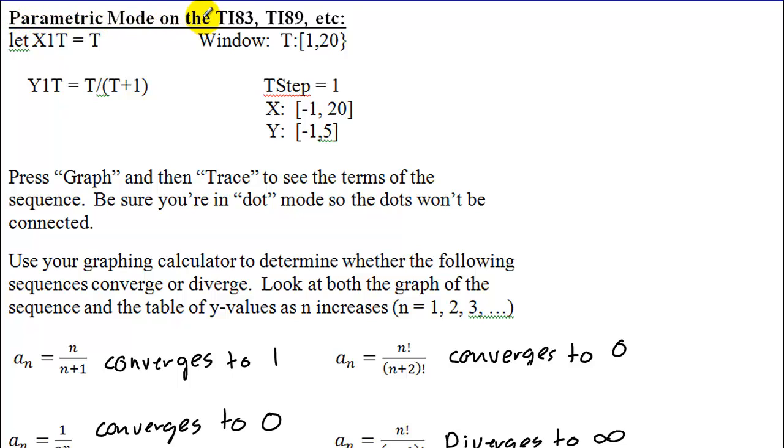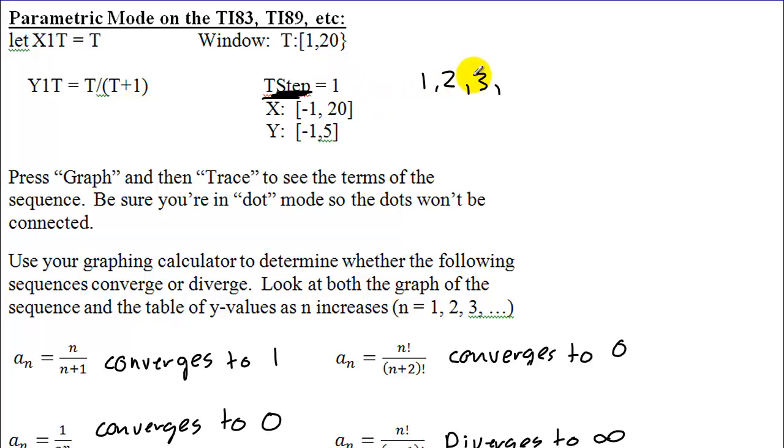In parametric mode on the TI-83s and TI-89s, etc., if you put your calculator in parametric mode to graph these sequences, you let x sub 1 equal t, and you let y sub 1 equal the actual function. The window, for example, the t can be from 1 to 20, but you've got to make your step equal to 1 because we're plugging in 1, and then we're plugging in 2, and then we're plugging in 3.